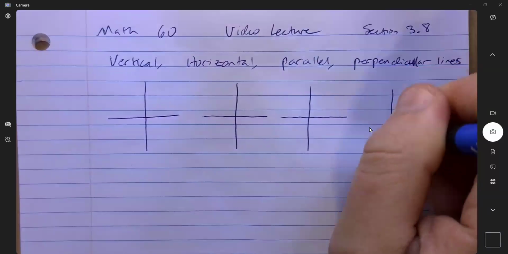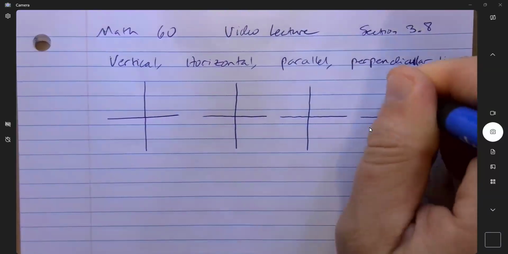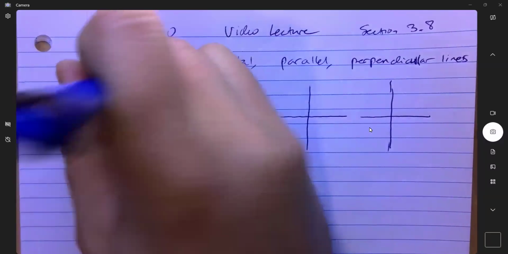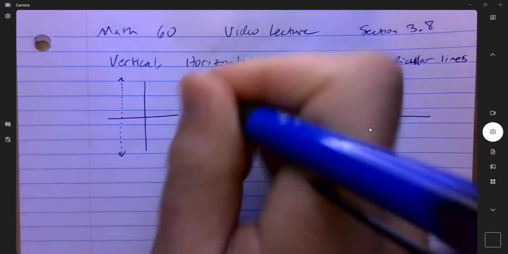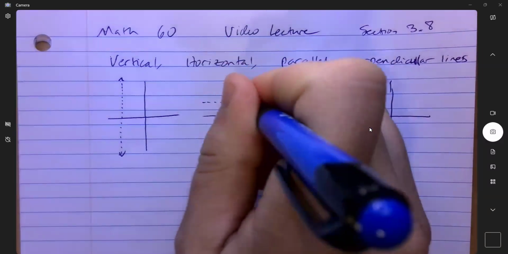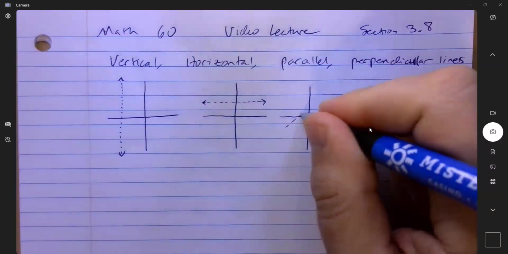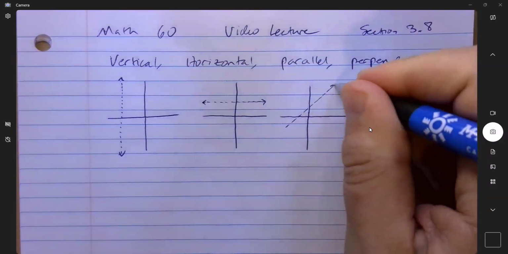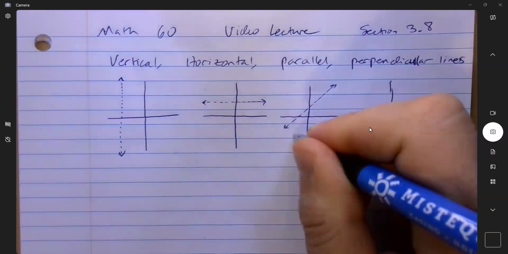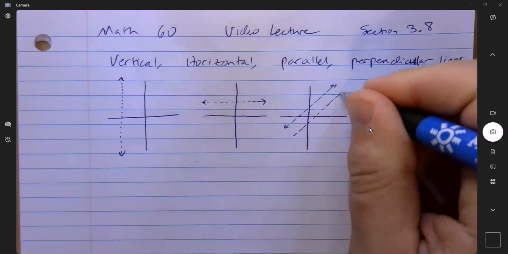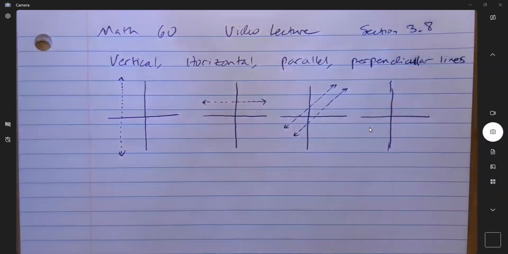I'm not going to worry too much about numbers or scale. I just want to show you what they look like. Vertical lines, straight up and down. Horizontal lines, straight across. Parallel lines are two or more lines that are always the same distance away from each other and never cross.